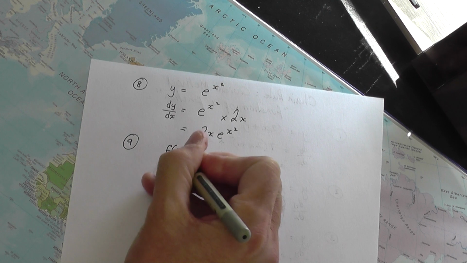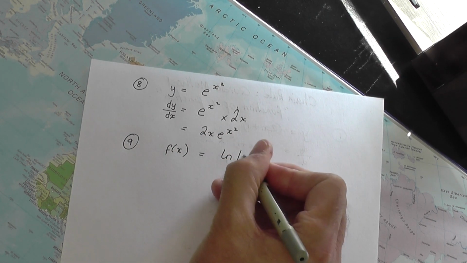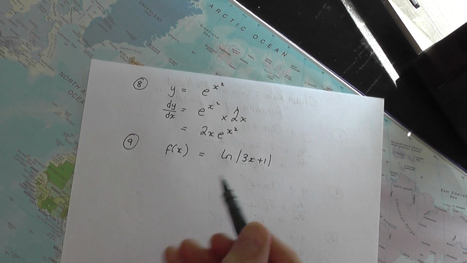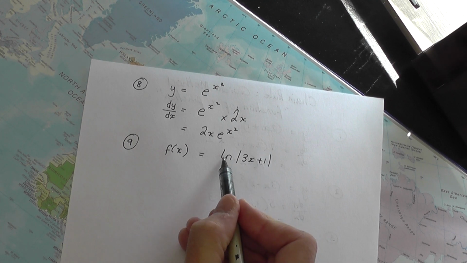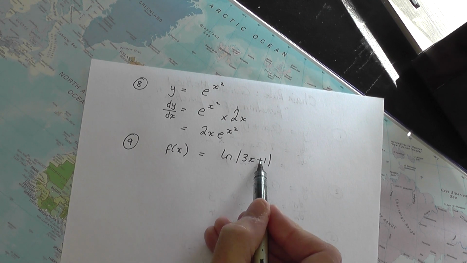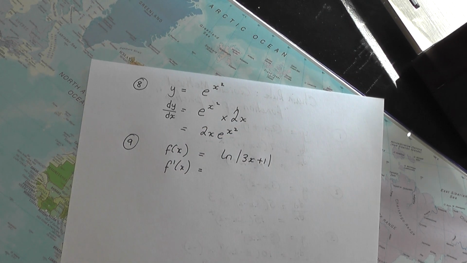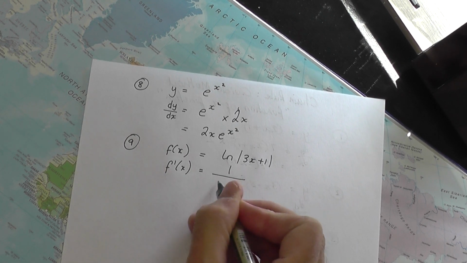I'll use the f of x notation for a change. How about log to base e of 3x plus 1? Got to differentiate that. Function of a function, 3x plus 1 is the basic function. Log function acts upon that. So to get f dash of x using the right notation, first of all, log takes priority. What does log do?